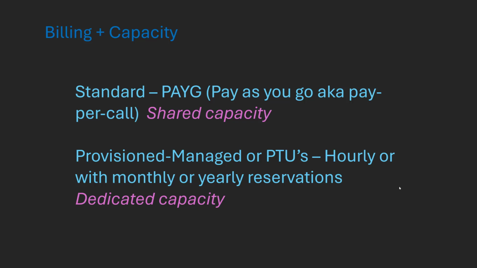Let's say you want 25 blocks or 25 PTUs of this provisioned managed. Then you're going to allocate that, and that's all you're going to pay for. If you want 50, if you want 100, you can do that. But that's going to be dedicated. That's going to be more for a production application use case. So as you can see, the capacity is related to the billing.